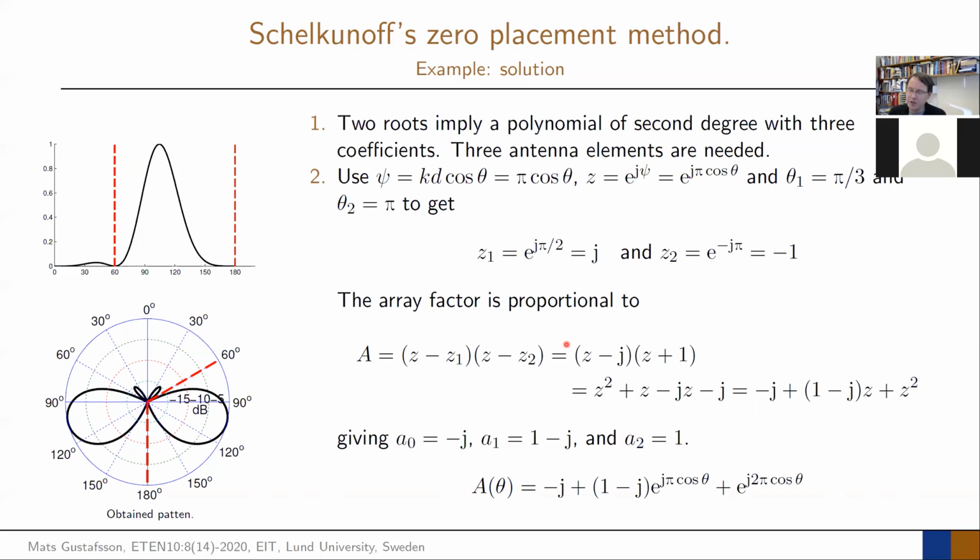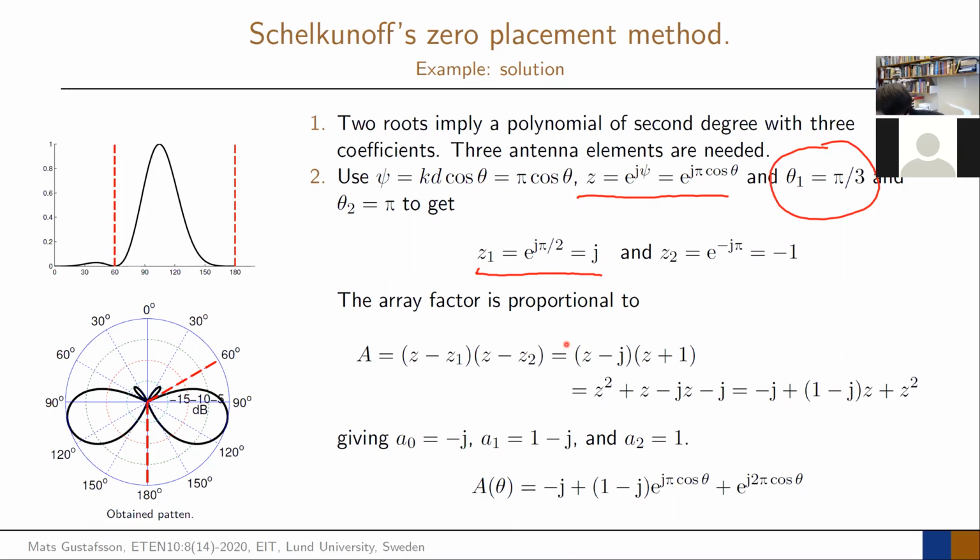You just have to follow the procedure of writing up these psi, the digital wave numbers. You form your z, and then you make a polynomial out of it. So in our case, we have two zeros. If we first have this theta 1 at pi over 3, then I can compute my z1. And then I have to compute, of course, what is cosine pi over 3. I have to multiply that with pi and then do e raised to that one.